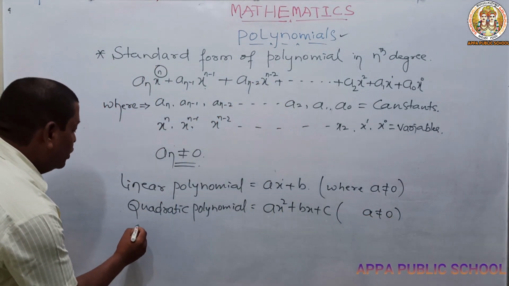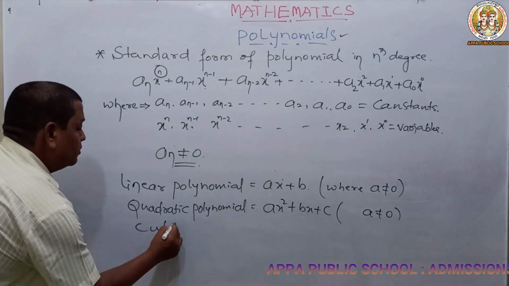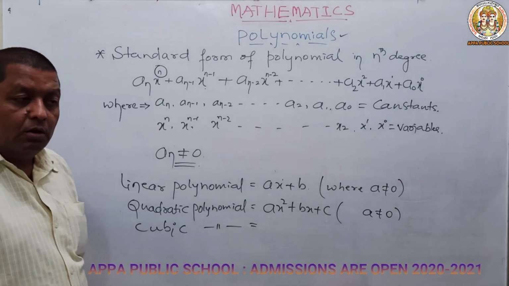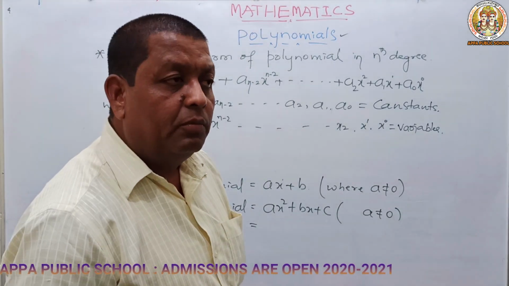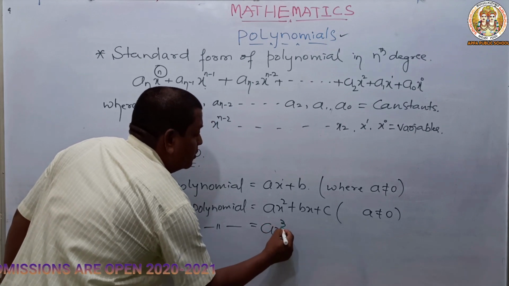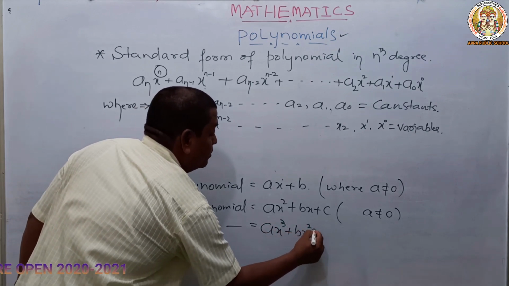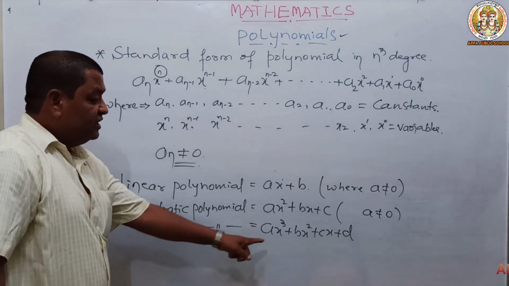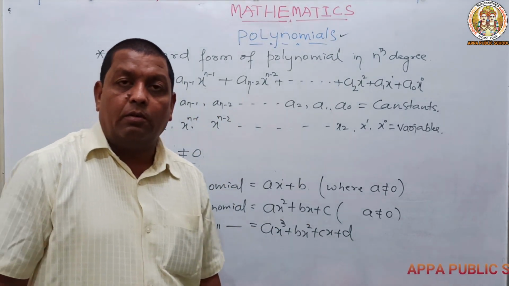Come to the cubic polynomial. What is the standard form of cubic? As usual, this is the standard form of the cubic polynomial.